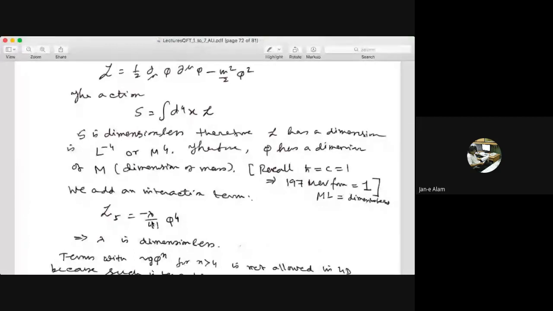So if lambda has a mass dimension, then suppose I calculate the cross sections. I'll come a little later to the cross sections. Suppose you consider Compton scattering, which is photon electron scattering, right? There the coupling constant is the electric charge e. A photon couples with the electron with the coupling constant e.